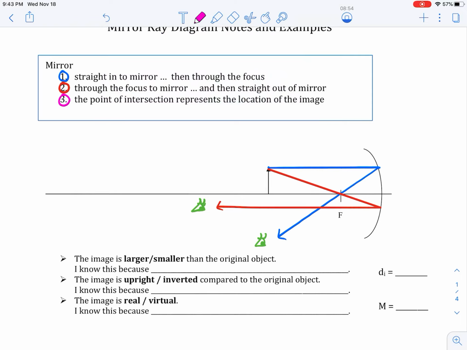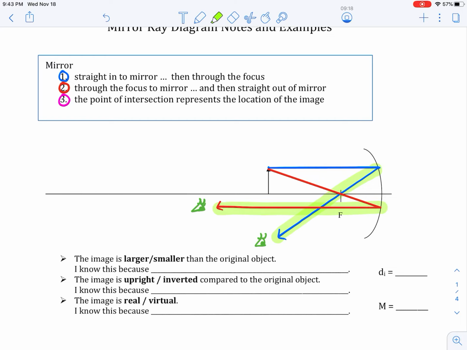Okay, so when it says for step number 3, the point of intersection represents the location of the image, sometimes students are a little unsure about where they're supposed to put their point of intersection because they look at this drawing and they see 2 points of intersection. This beam of light is what reaches your eye.